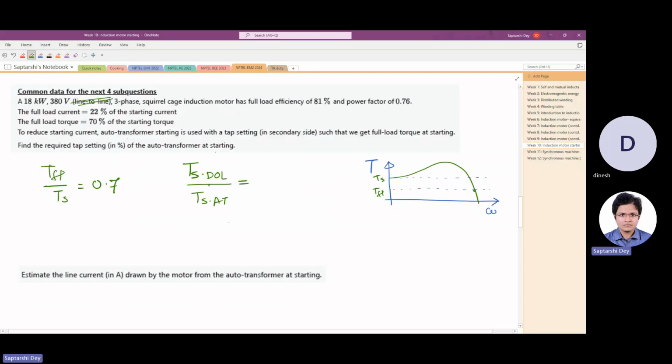Now what is given? Auto transformer starting is used such that we get full load torque at starting. That means we are reducing this by 0.7. So this is 1 by 0.7.